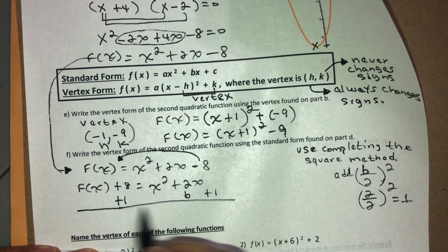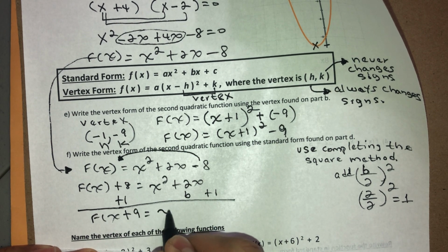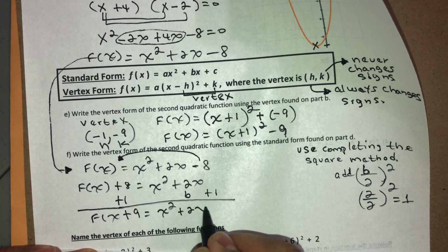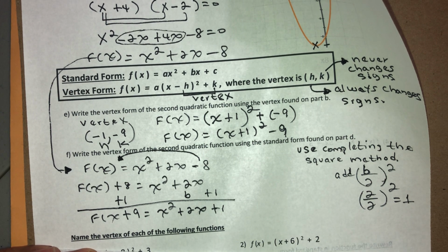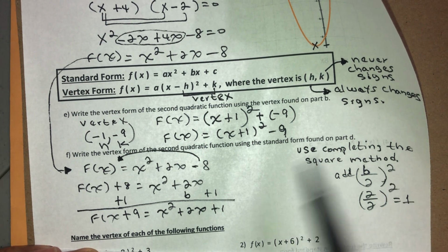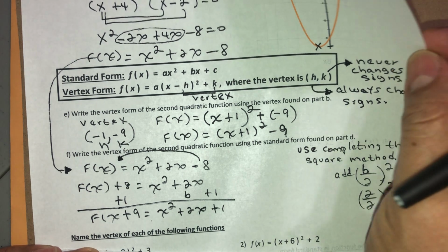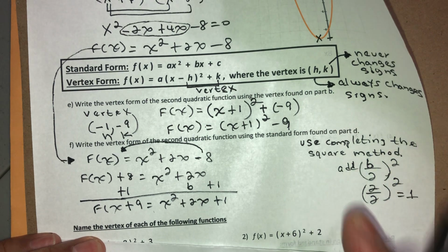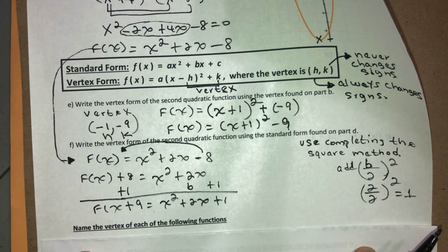Let's do our operation. So we have f of x plus 9 equals x squared plus 2x plus 1. Now, the purpose of completing the square is that this side of the equation becomes a perfect square trinomial. And everybody should remember how we write perfect square trinomials.